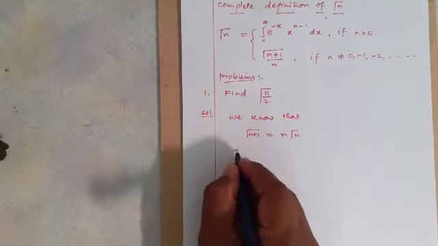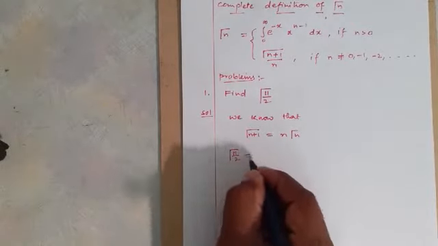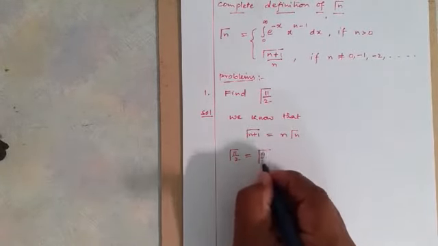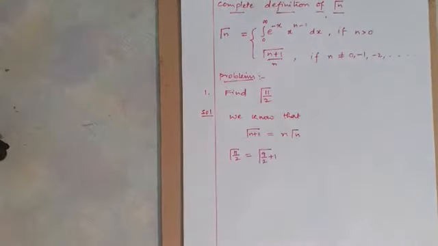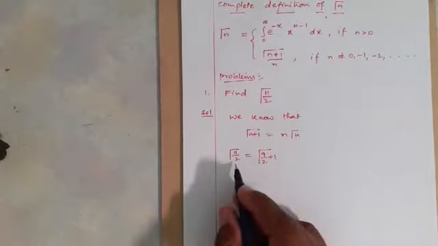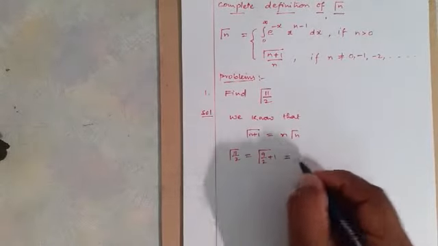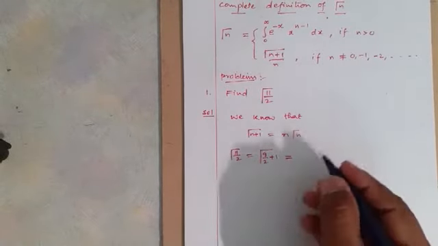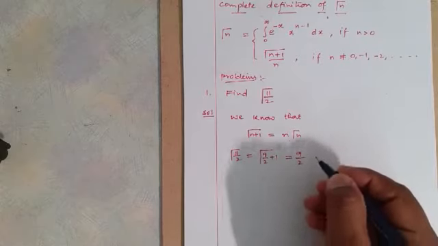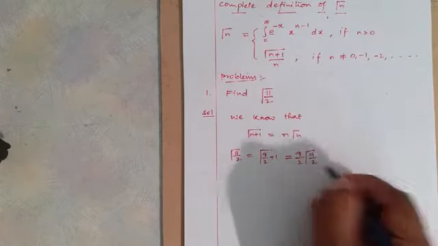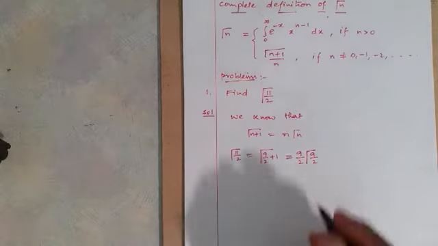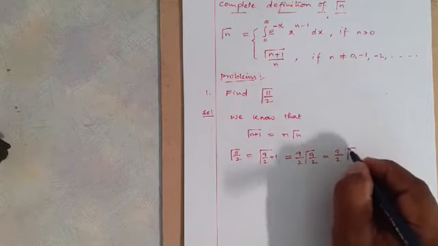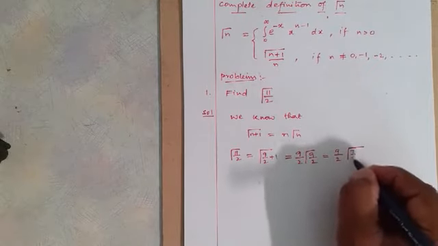I write here gamma 11 by 2 is equal to, I can write gamma 11 by 2 as gamma of 9 by 2 plus 1. 9 by 2 plus 1 is 11 by 2. Now when you have gamma n plus 1, we can write n gamma n. So I write this as 9 by 2 gamma 9 by 2. Again we write this as 9 by 2 gamma, and in place of 9 by 2 I write 7 by 2 plus 1.